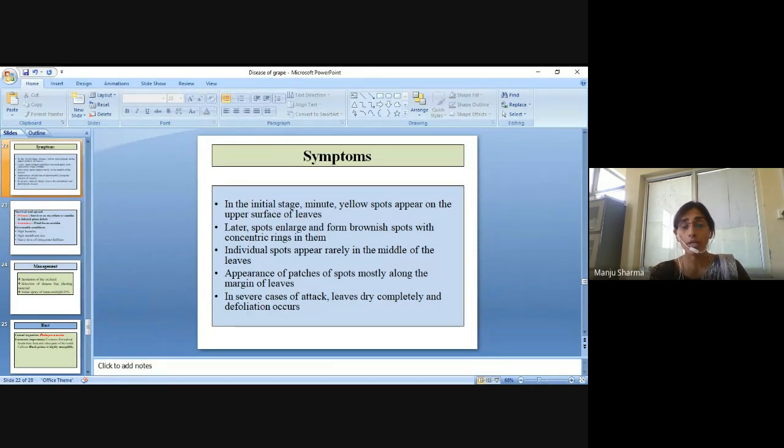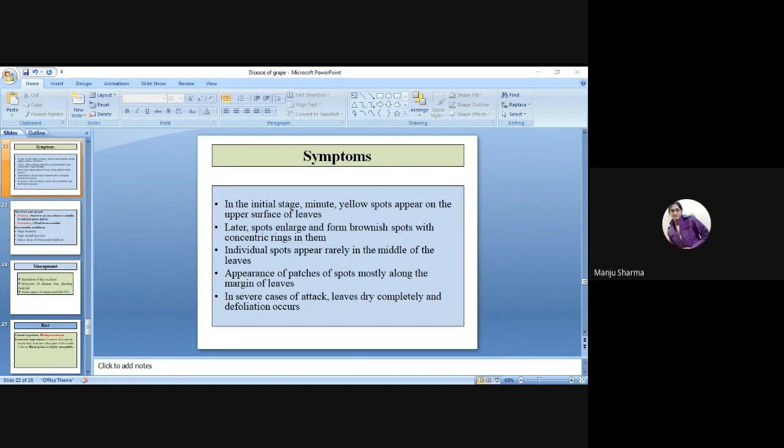Later spots enlarge and form brownish spots with concentric rings in them. Individual spots appear rarely in the middle of the leaves.